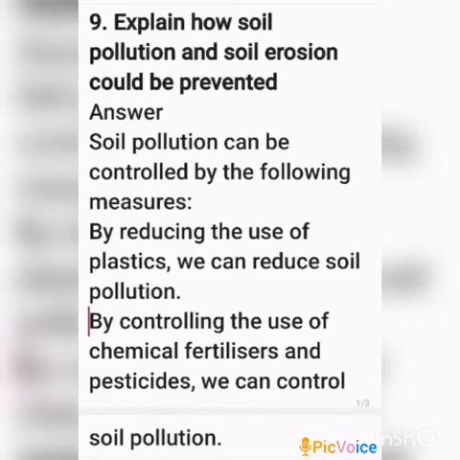By reducing the use of plastics, we can reduce soil pollution. And by controlling the use of chemical fertilizers and pesticides, we can control soil pollution.